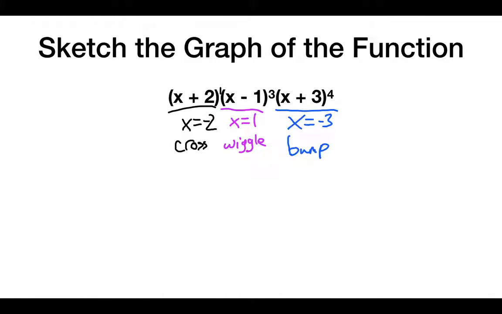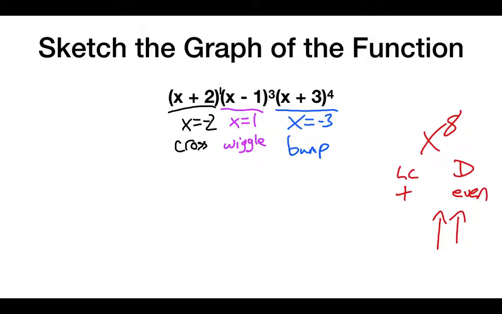Now, I need to go over to the side. This is going to end up being, since they're all x, 1 plus 3 plus 4 is 8. So, leading coefficient is positive, and the degree is even, meaning up and up.